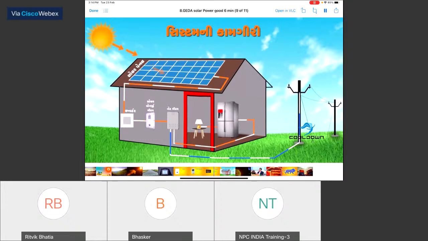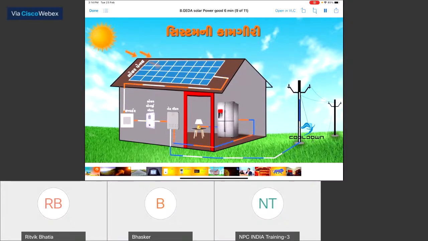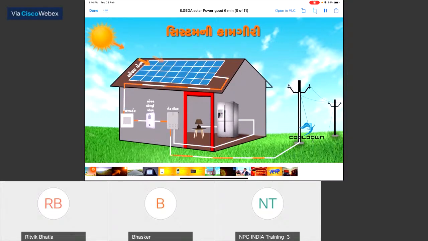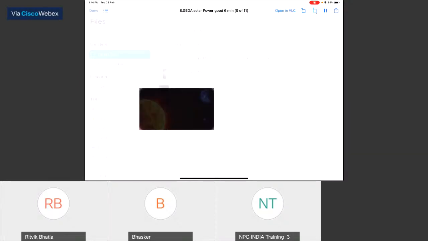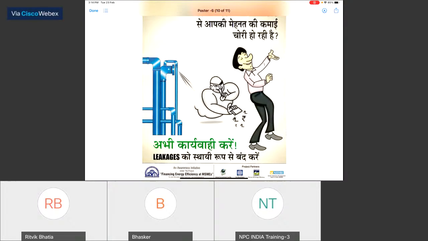The solar power is going into the house. If I am not using it in my house, it will go to the electricity board. So this is the methodology which we can have.